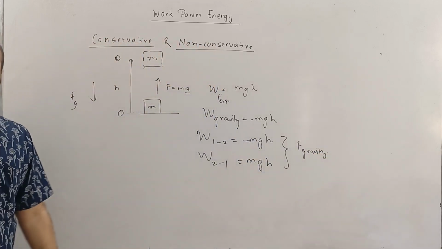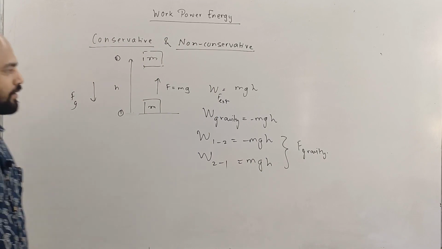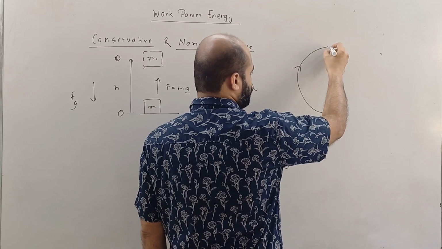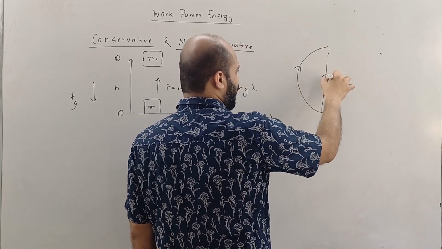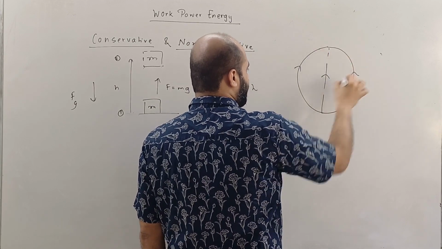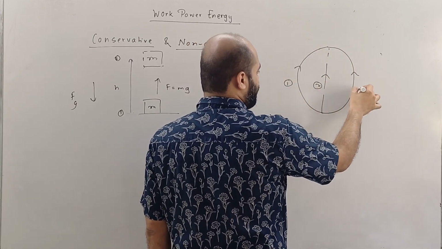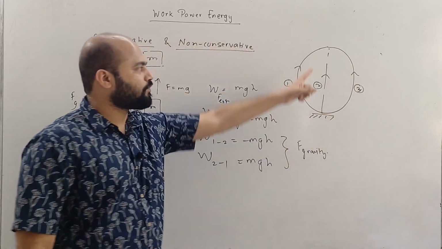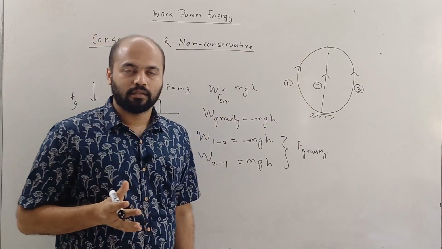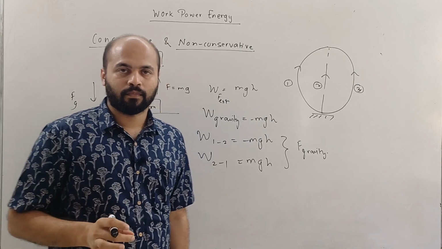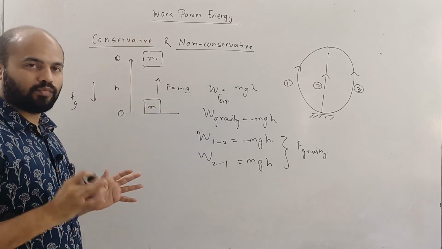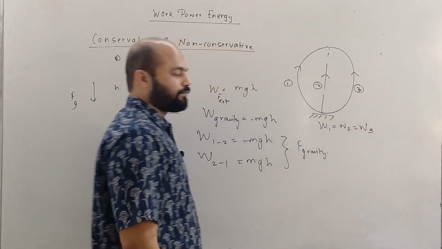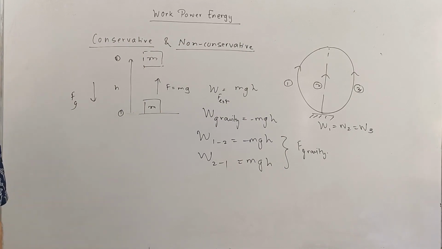The interesting part over here is, let us say that we have taken it this way to a height h, and this way to a height h, and this way, so we have got three paths, path 1, path 2 and path 3. So this is the initial position, this is the final position. In all the three cases, the displacement that is done is h. That means the work done in all three cases would be the same. That means work done in 1, work done in 2 and work done in 3 would be the same. So this is an example of conservative force.